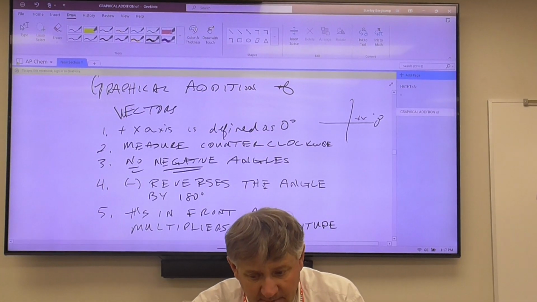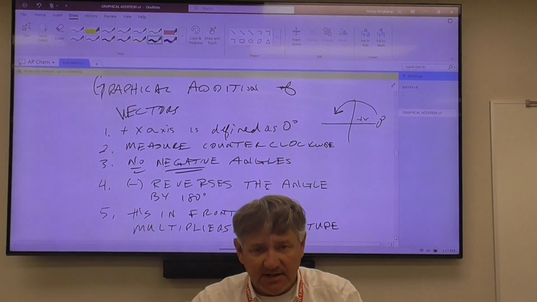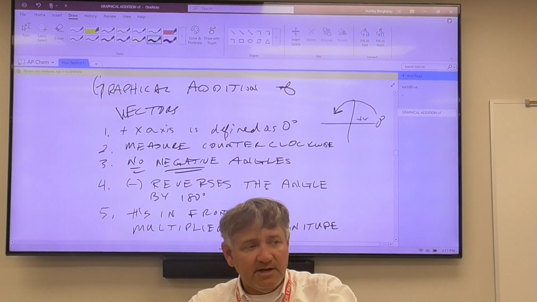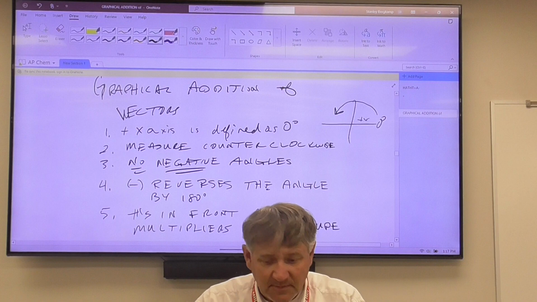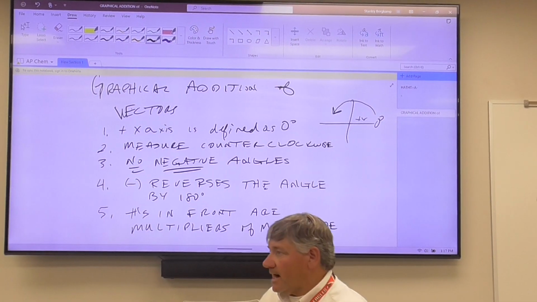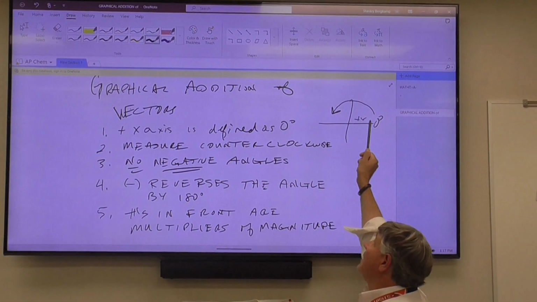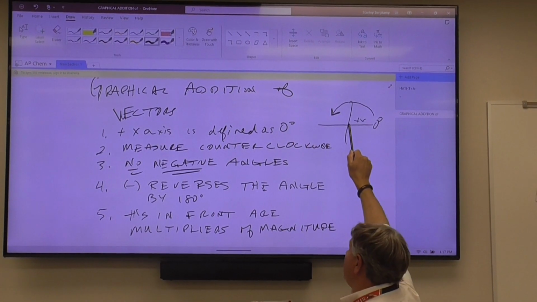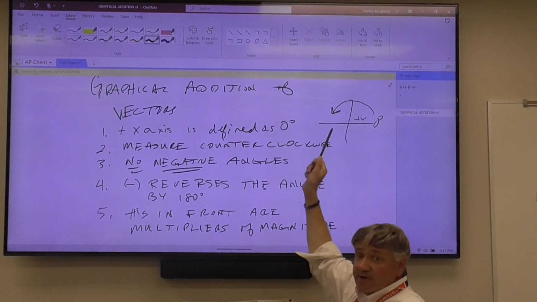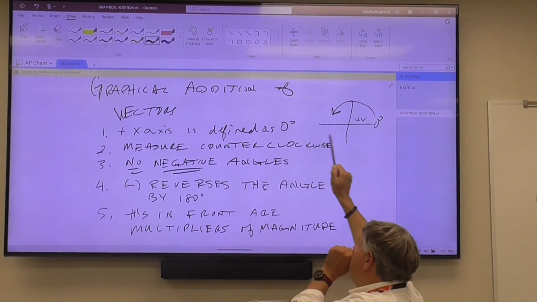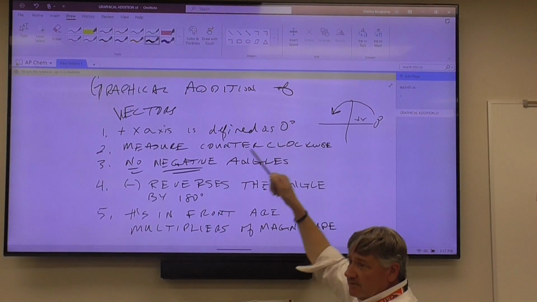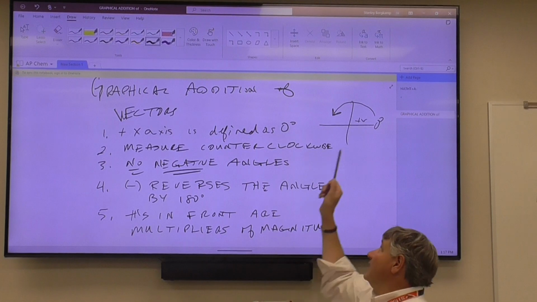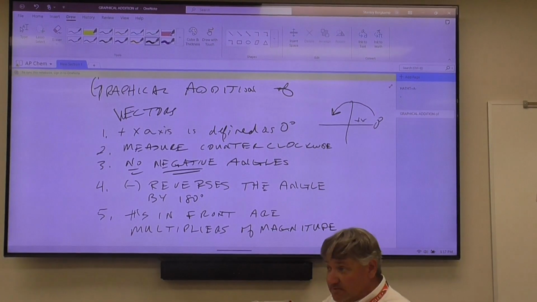And everything coming around like this in a counterclockwise direction is how we're going to measure the angles. So if I say, hey, I'm at 120 degrees, I'm going to measure around here to 120. If I'm down here, that might be like 250 degrees. If I'm in this fourth quadrant, that might be like 350 degrees.